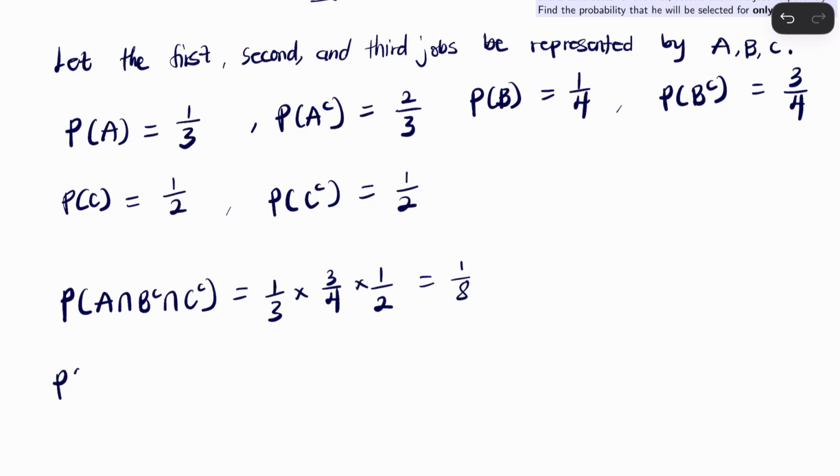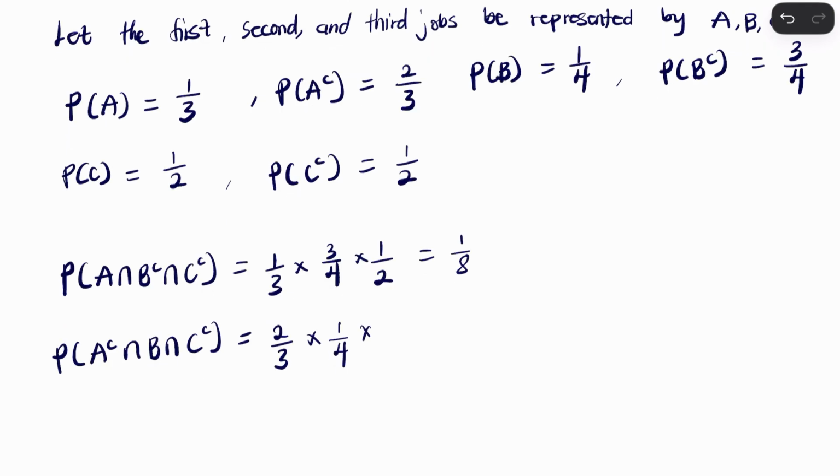Also, the probability that Kofi will be selected for only the second job is A complement intersection B intersection C complement, right? And that's going to give us 2 on 3 times 1 on 4 times 1 on 2, and that's equal to 1 on 12.